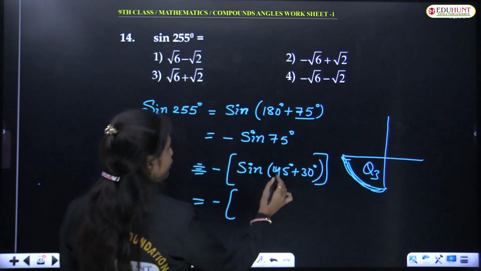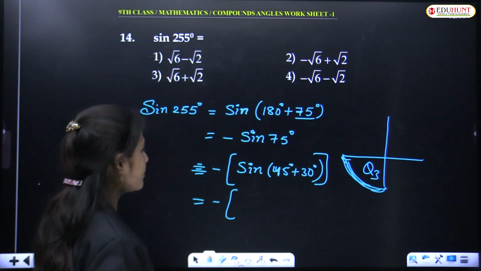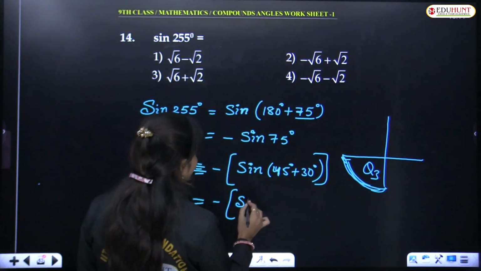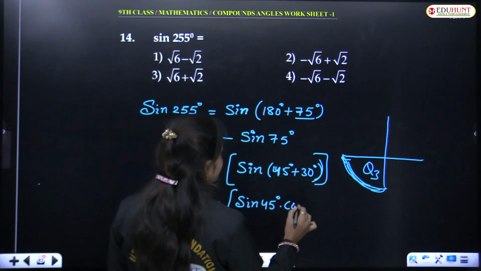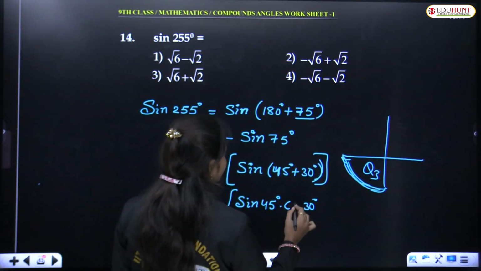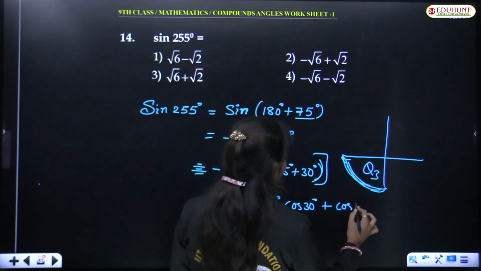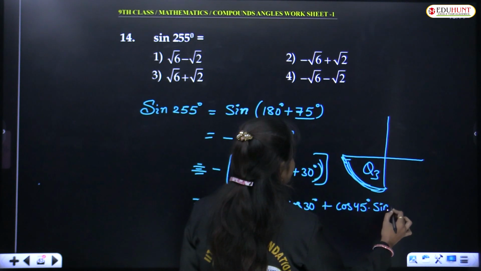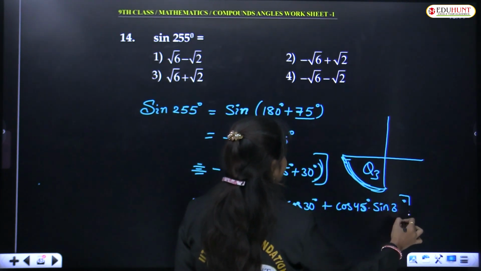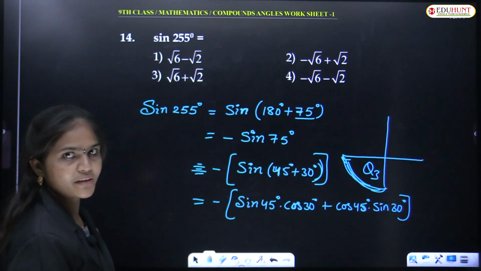Minus sine of 45 plus 30, that is in the form of sine of A plus B. So the sine of A plus B formula is sine A cos B plus cos A sine B: sine 45 degrees cos 30 degrees plus cos 45 degrees sine 30 degrees.